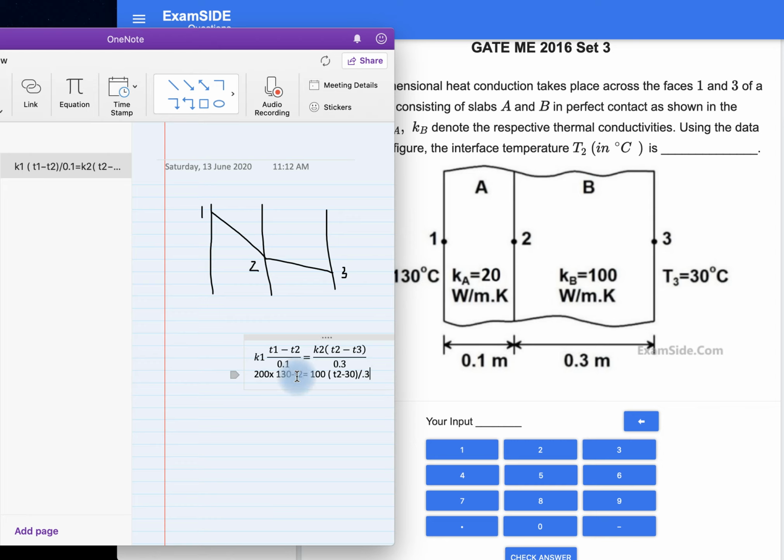So I can put that as 2, or I can write it as 0.6. So I will solve this equation.